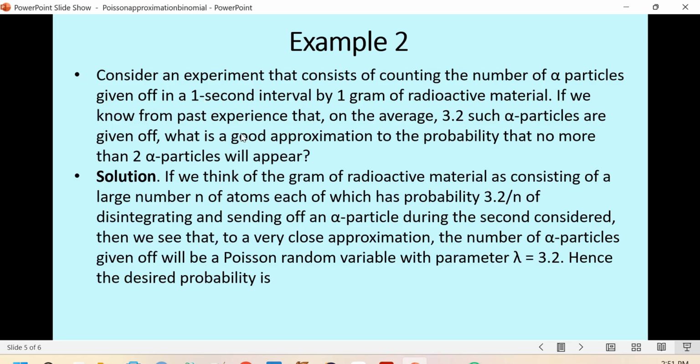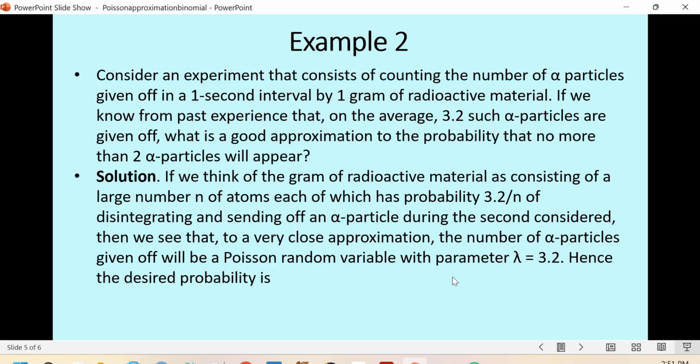Because this involves a large number of trials, this is a binomial Bernoulli process and can be modeled with a binomial random variable. But we can also use a Poisson random variable because the number of trials is very large and the success rate is very low. So we can think of this as a Poisson random variable with lambda 3.2.